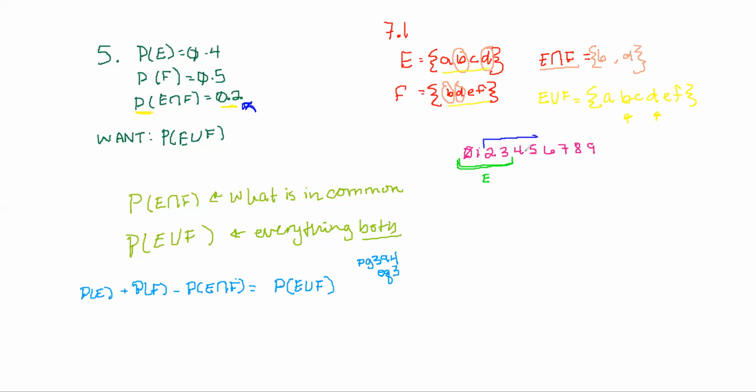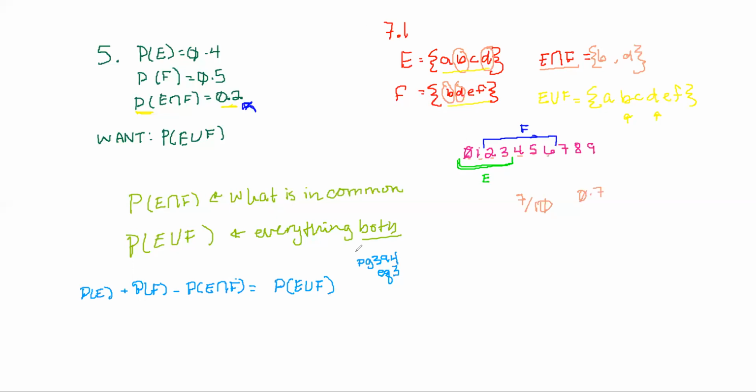So there's 1, 2, 3, 4, and 5 numbers in my F. So how many total numbers are there in this set from E and F? 1, 2, 3, 4, 5, 6, 7. So there are 7 numbers. So the chance I pick something that is in E or in F is going to be 7 out of 10, or 0.7.